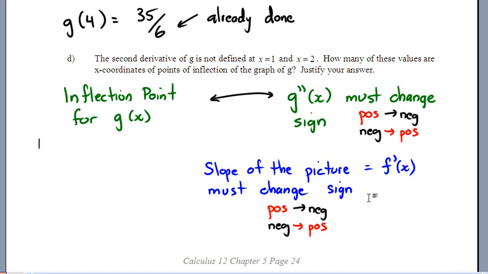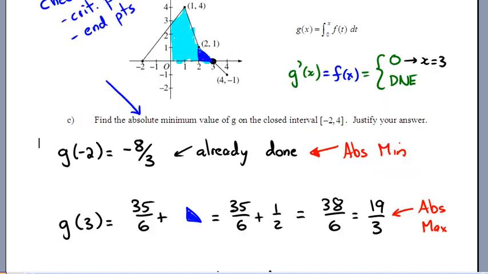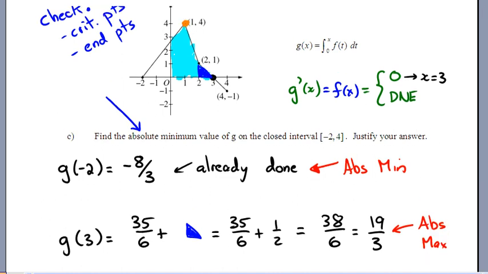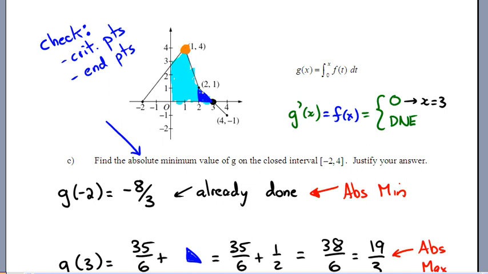So all I have to do now is look at the picture and ask myself, at either of these two spots they're talking to me about, does the slope of the picture change sign? All right, let's go look. So the contenders are at this point and at that point. Does the slope of the picture change from plus to minus or minus to plus at any of those?